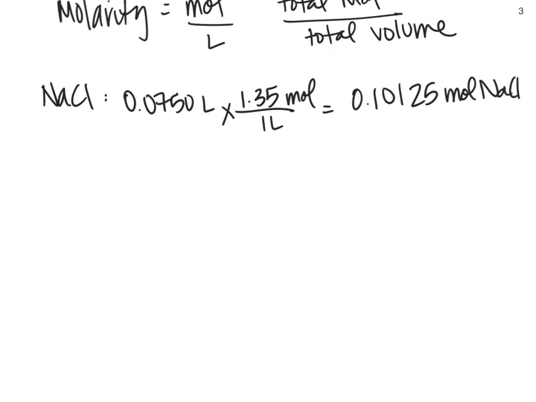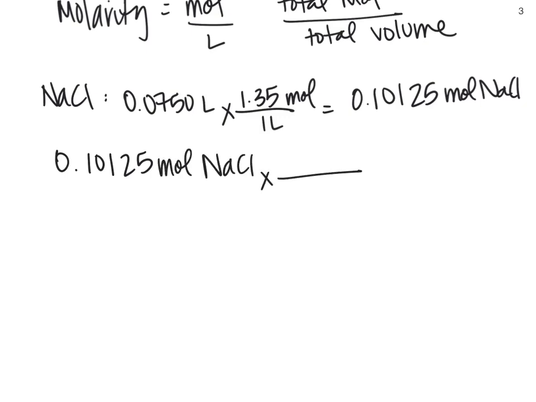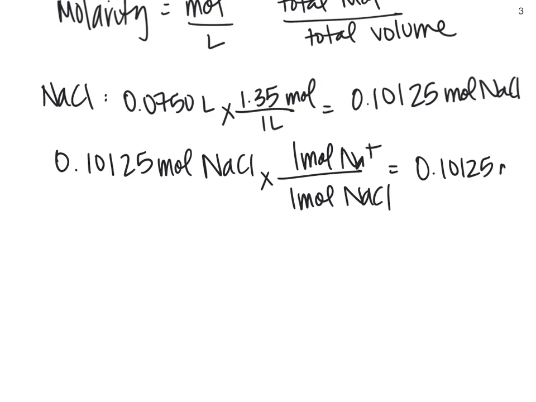Therefore, we want to take our 0.10125 mole of NaCl using the ratio of 1 mole NaCl to 1 mole Na+. We know that that gives us a total of 0.10125 moles of Na+.